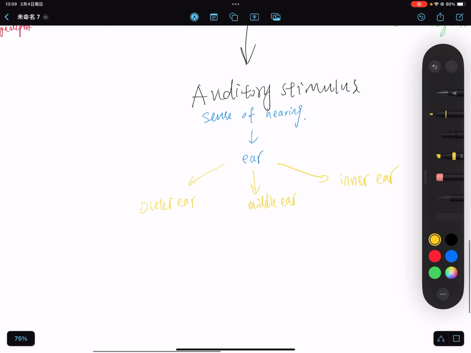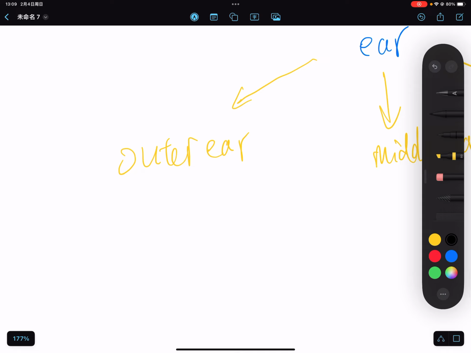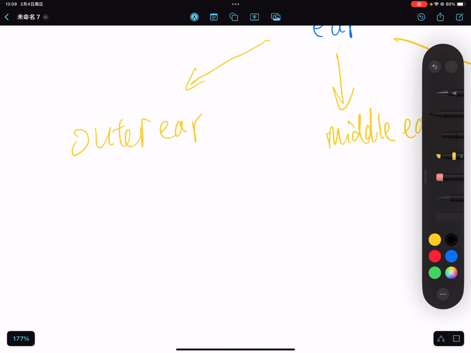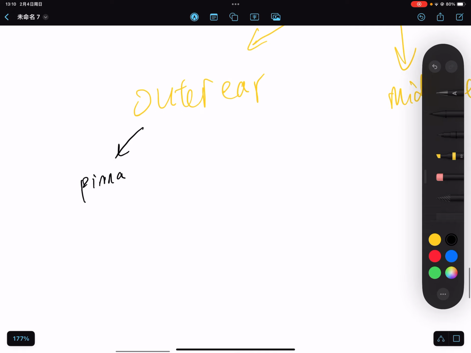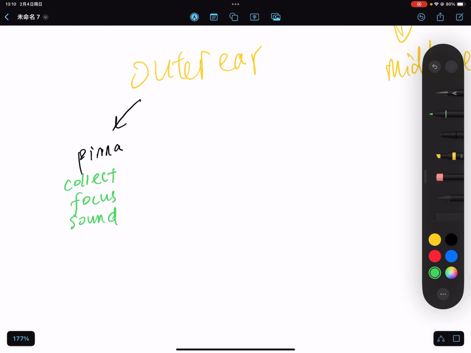First, we talk about the outer ear. The outer ear has the pinna. What is the pinna? The pinna is the outer visible structure of the ear, and it's responsible for collecting and focusing sound, like a phone, and it helps us to localize the sound.